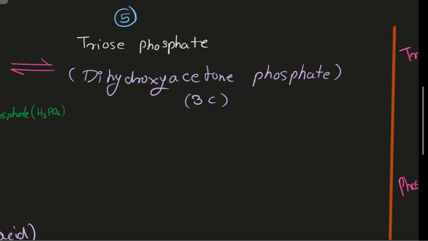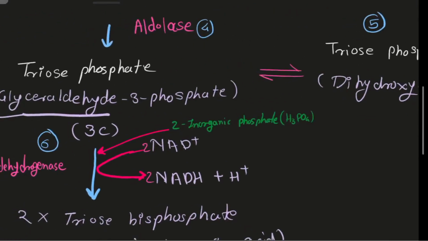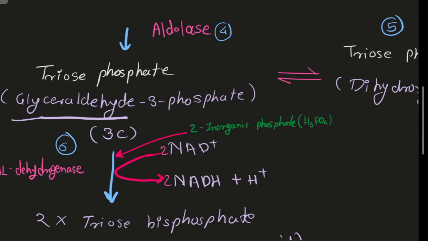These are both 3 carbon compounds which are isomers of each other and can be interconverted.